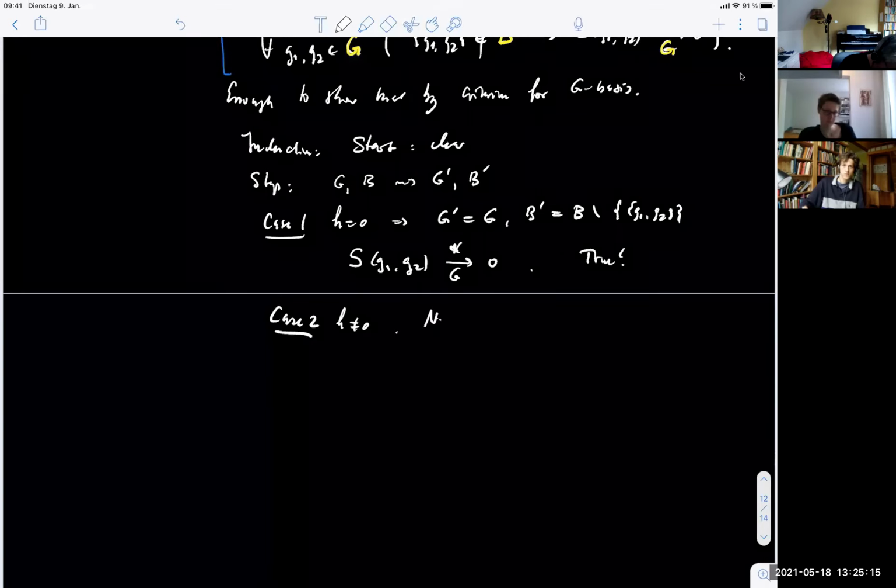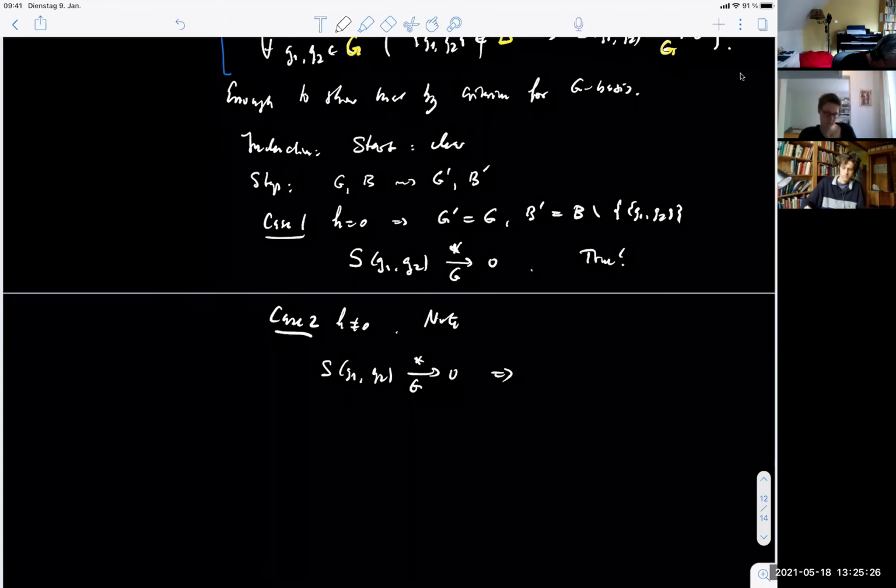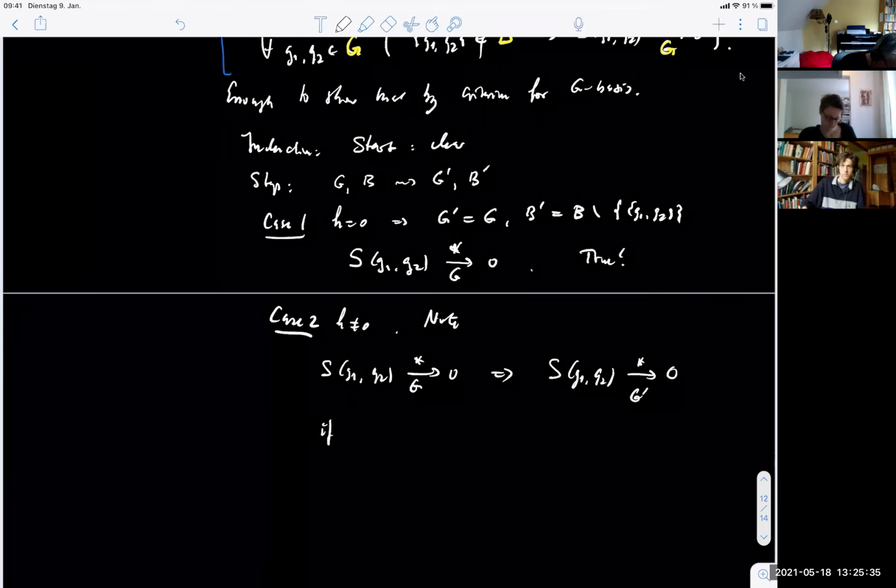Note: if I have this, and then I make my set G larger, that's what's happening, then I also have this. So this is a trivial observation, but if I would write it down formally, that's what happens. Okay, so this is the proof of correctness.